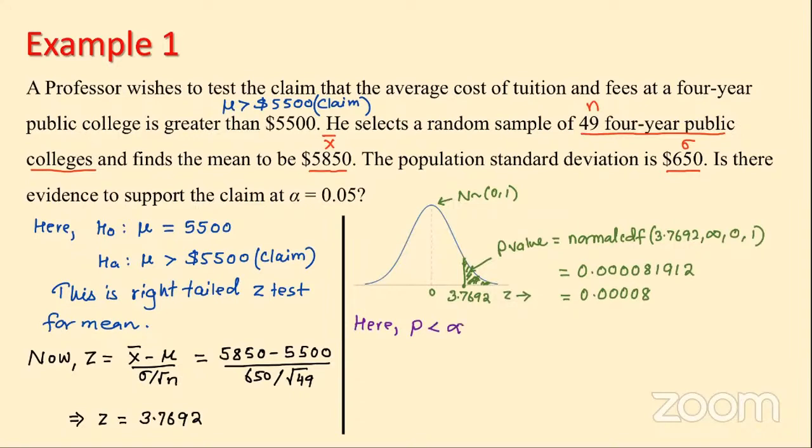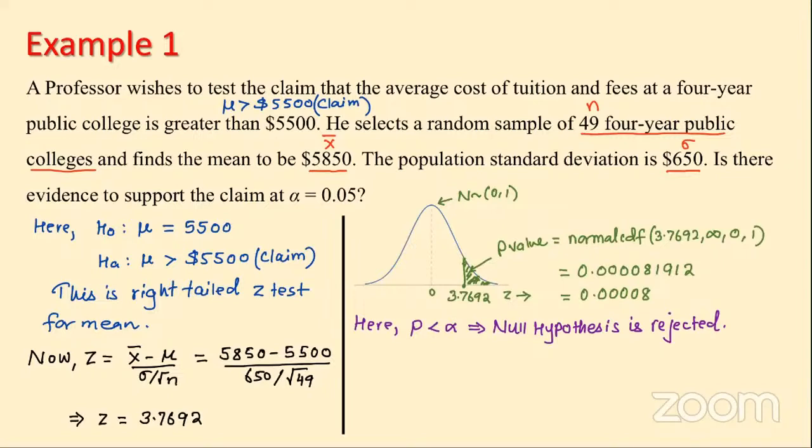So if it is less than alpha, do we reject the null hypothesis or fail to reject? What do you have in our notes? Reject. Okay, P is less than alpha. So this implies the null hypothesis is rejected, because P is less than alpha.